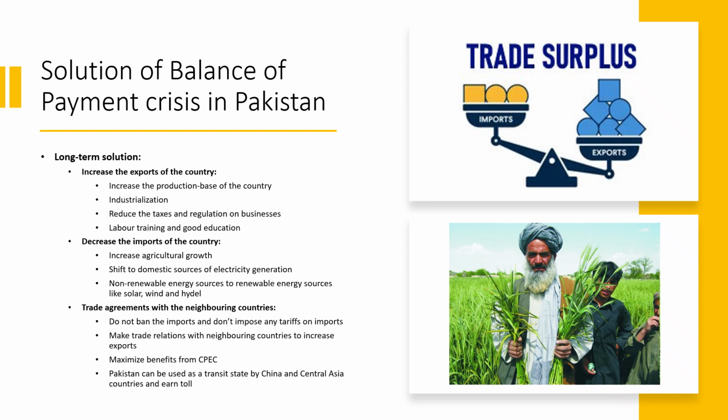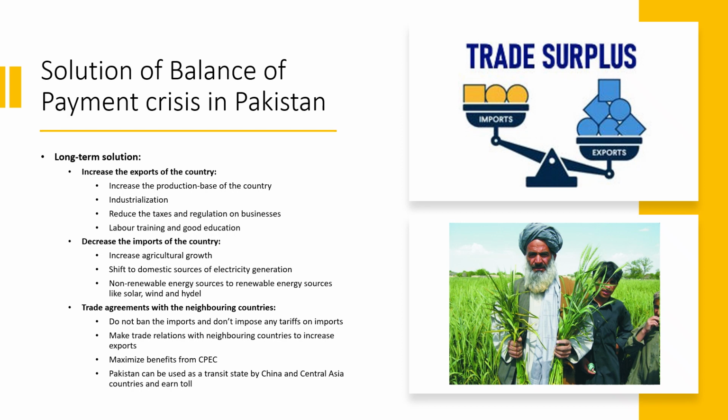If we stop trade with the other countries for a longer period of time, we would be isolated. So we cannot impose a ban, and we cannot stop imports from other countries for a longer period of time. Now just try to understand the difference between the short-term solution and the long-term solution.